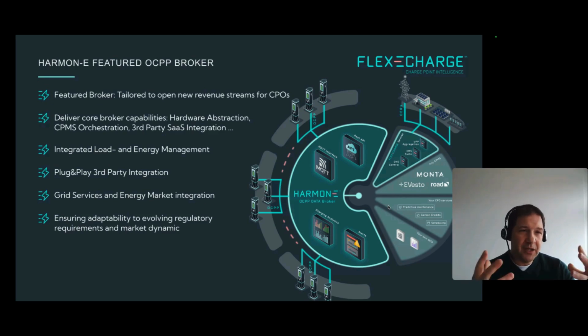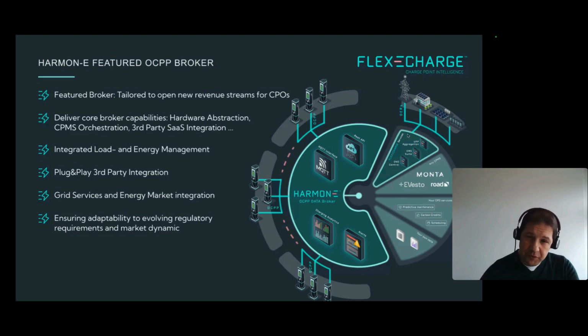So in general, the idea is to provide the broker platform to open new revenue streams for CPOs, have an easy, simple off-the-shelf integration for load and energy management, be able to plug in third-party integrations, provide grid services, energy market integration, and ensure adaptability to DNOs and market dynamics and regulatory requirements. So that's basically what we discussed in the first masterclass.